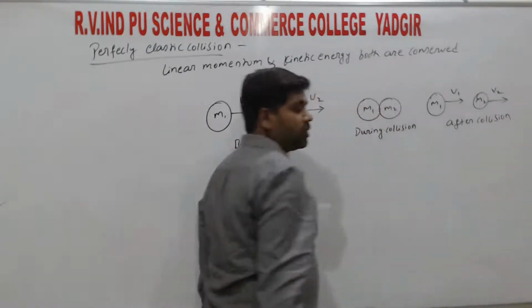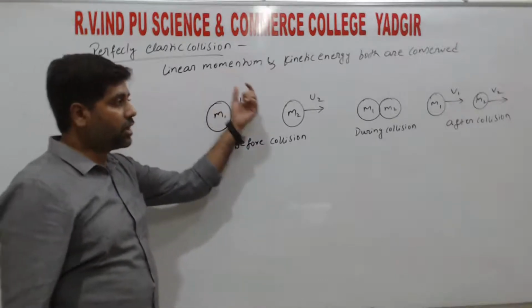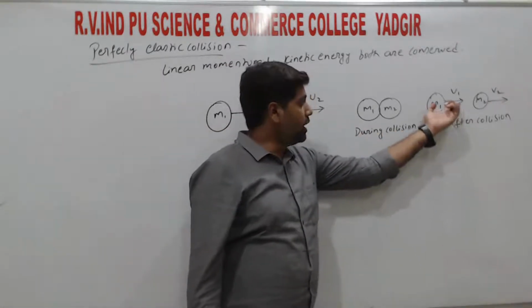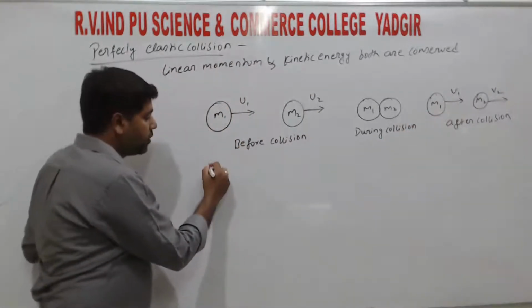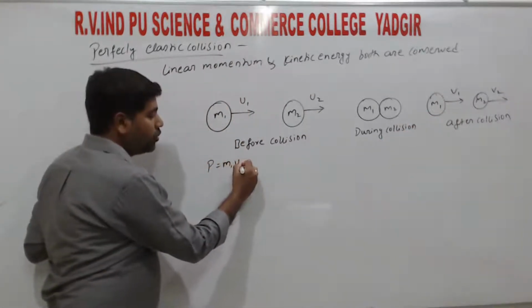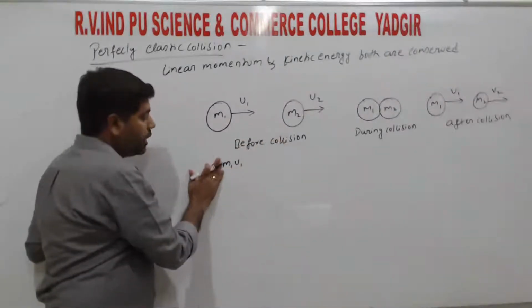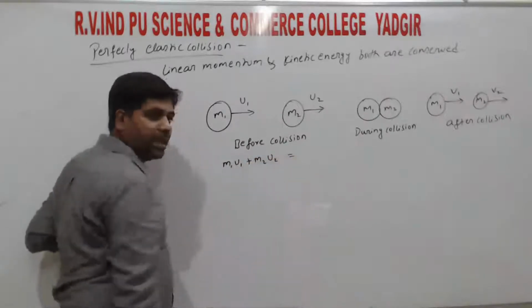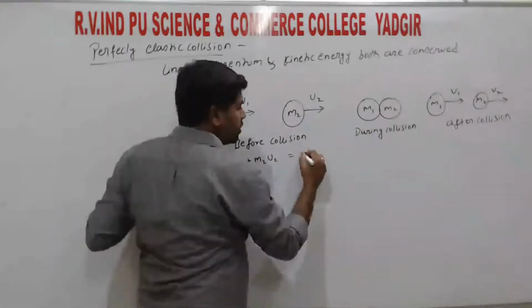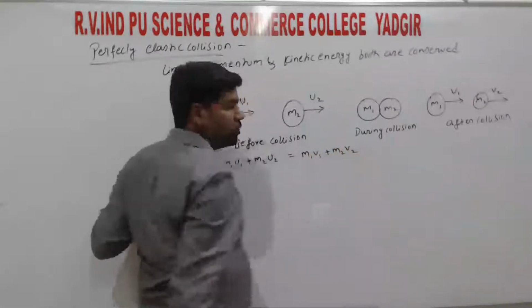So the statement is, before collision linear momentum must be conserved, after collision also linear momentum must be conserved. That means total linear momentum before collision is m1 u1 plus m2 u2, that is equal to after collision m1 v1 plus m2 v2, right?